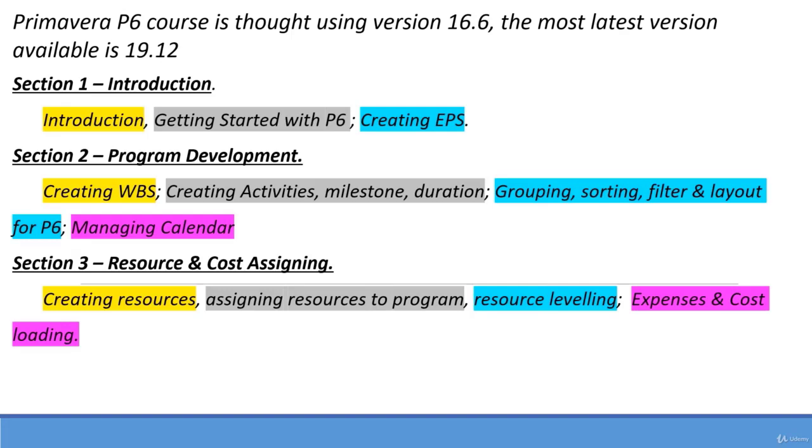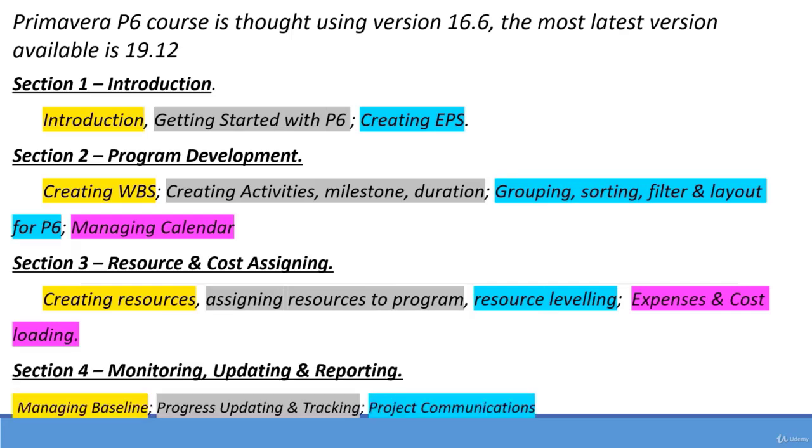And the next step is inputting the cost and expenses into the program activities. Once resources and expenses costs are assigned, we have to go for periodical monitoring, updating, and reporting steps.